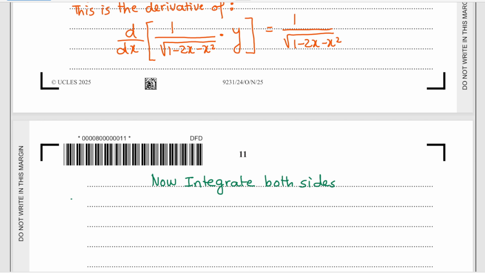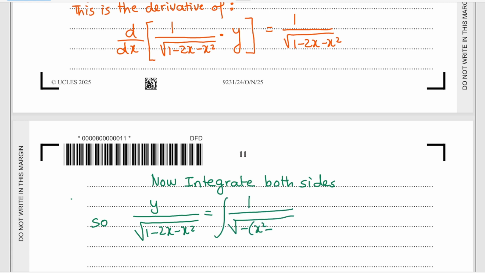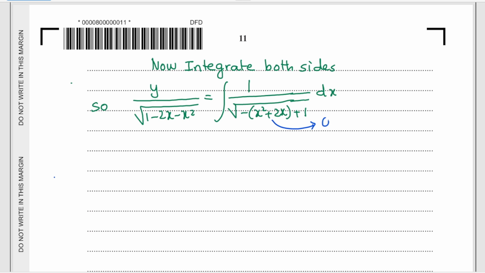The integral and the derivative cancel each other because they are inverse operations. So y over √(1 - 2x - x²) equals the integral of 1/√(-x² + 2x + 1). To solve this integral, I need to complete the square. So inside the bracket, we are going to add and subtract 1.